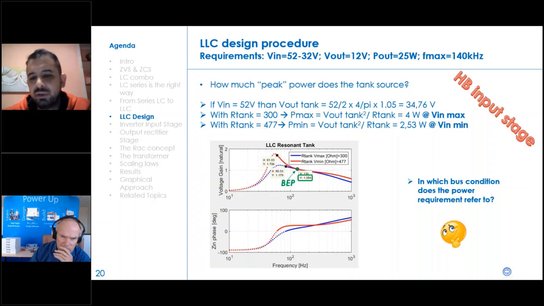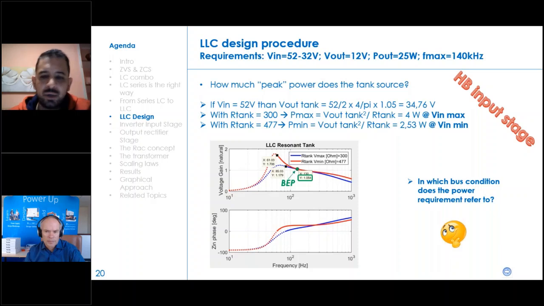If the voltage on the tank output is locked to something around 34.7 volt, and the tank resistor has been called to increase in order to match the requirements at minimum bus, Ohm's law suggests that it's okay to lock the tank output, but we are not able to transfer the same amount of power if the bus varies.